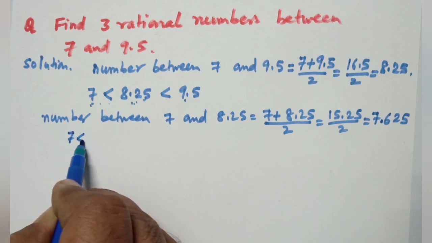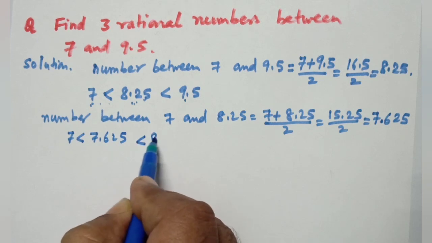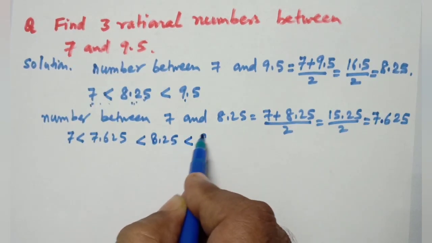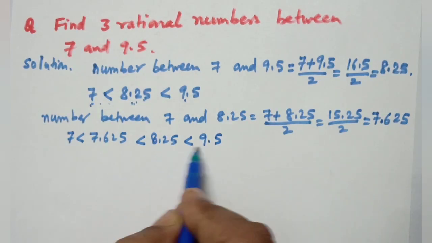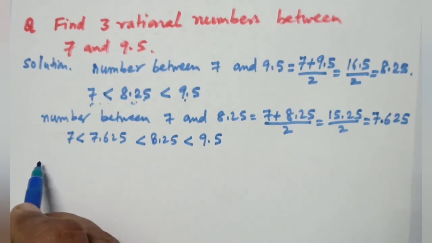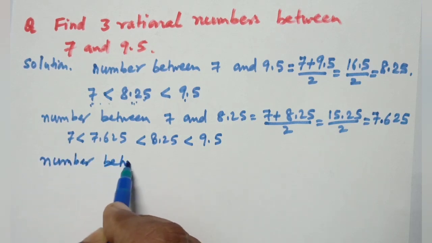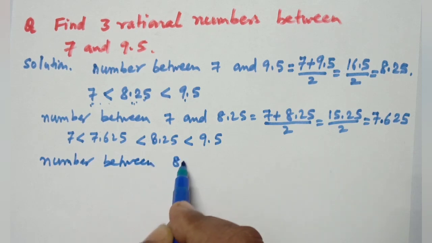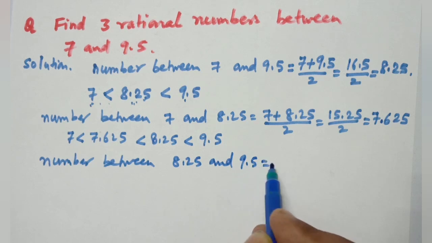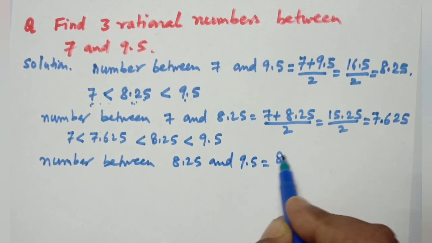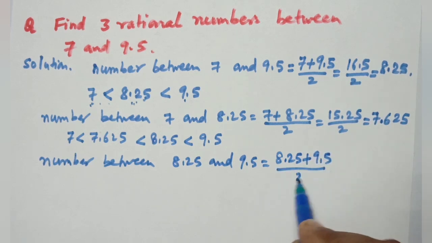So 7 is less than 7.625 is less than 8.25, and it is less than 9.5. So we got two numbers. Now we will take these two numbers and find one more number between them. So the number between 8.25 and 9.5 is equal to, we add these two, 8.25 plus 9.5 divided by 2.